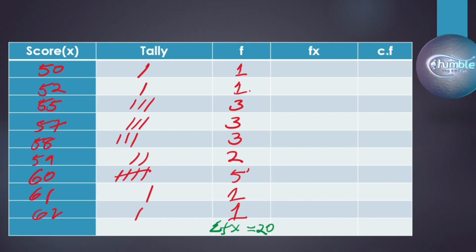And then we can now work the f of x column. 50 by 1 is 50. 52 by 1 is 52. 55 by 3 gives you 165. 3 by 57 gives you 171. 58 by 3 gives you 174. 2 by 59 should give you 118.